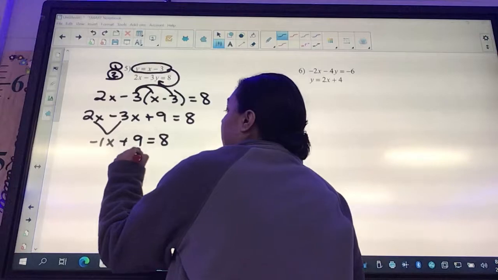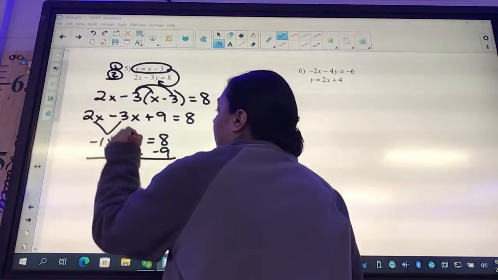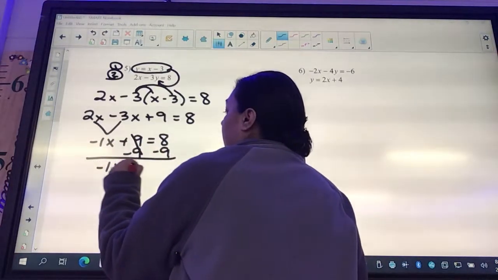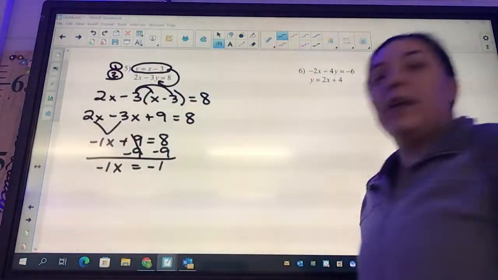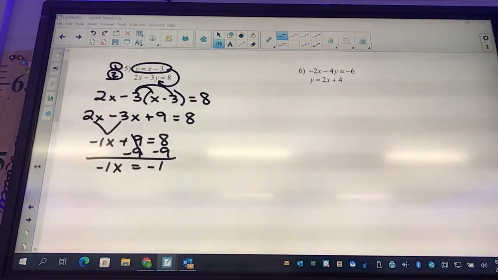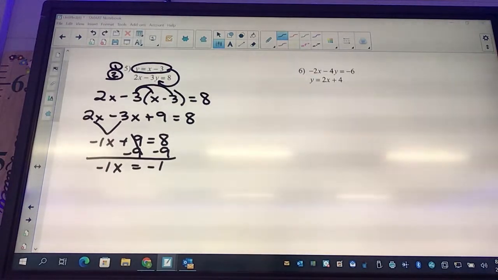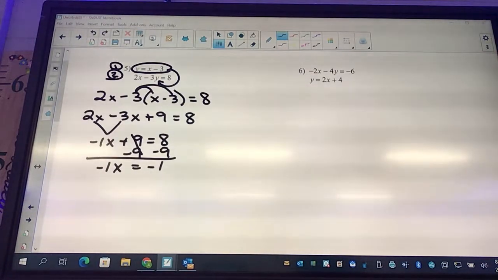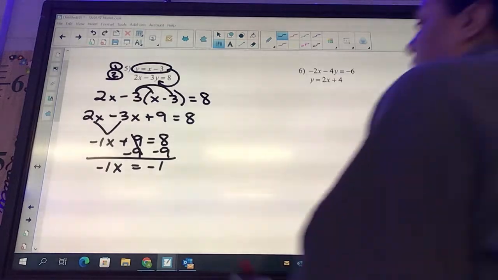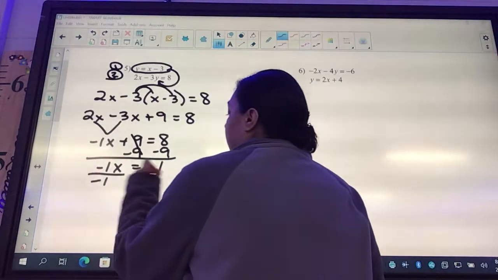Okay, we're going to say minus 9. So you're going to get negative 1x equals negative 1. Okay, and then divide by negative 1.